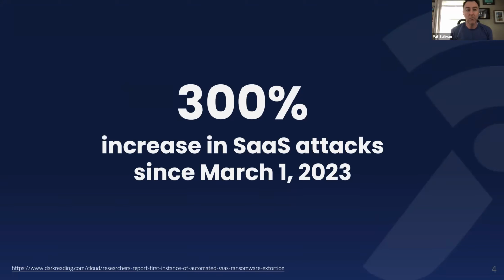One of the most recent attacks, which Chip will get to later in our presentation, was by the Omega ransomware group. They successfully pulled off an extortion attack on a company's SharePoint Online environment without needing a compromised endpoint, which is usually how those attacks unfold.